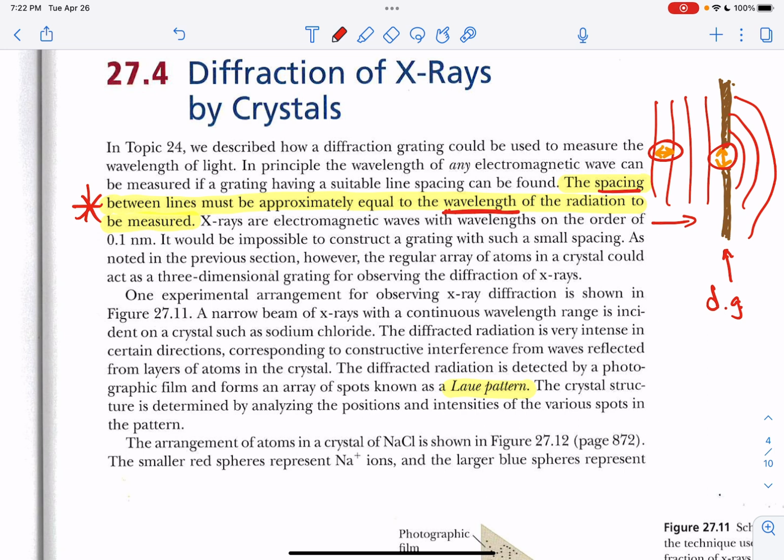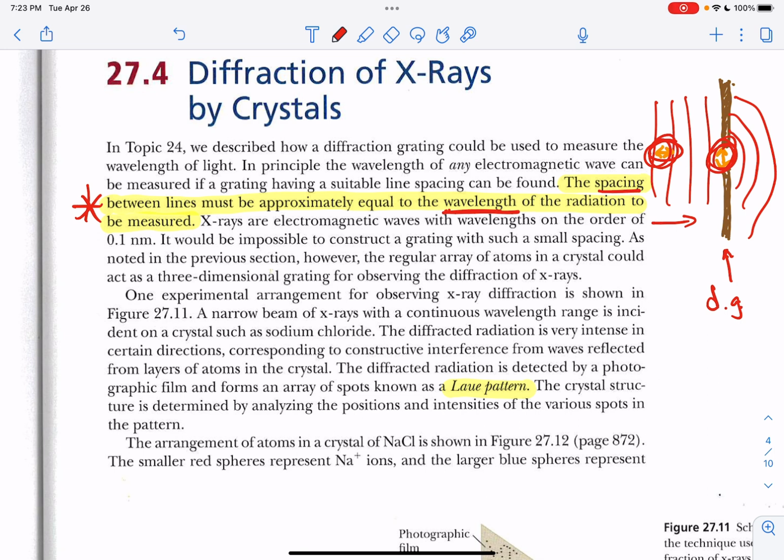Now, another way to accomplish diffraction, instead of shining it through a diffraction grating, is to shine light through a crystalline structure. And once again, in order to see diffraction, the wavelength of the light, this distance right here again, must be approximately equal to the spacing between each of the particles, like cations and anions, positive and negative ions, in the crystalline structure.